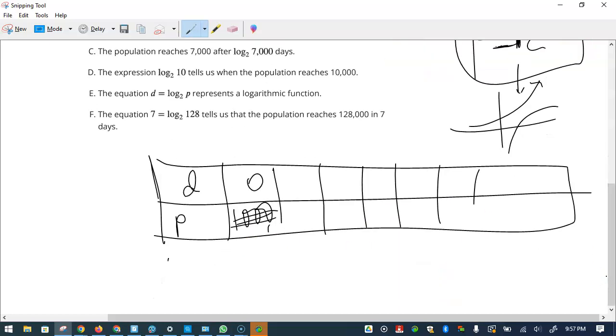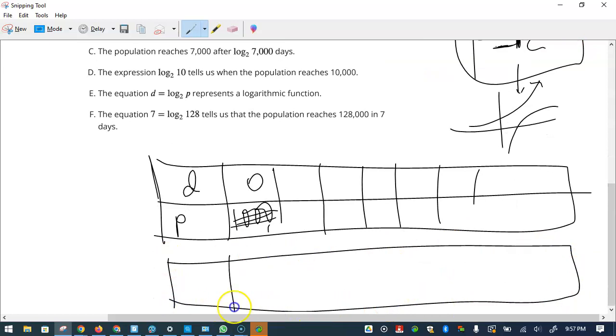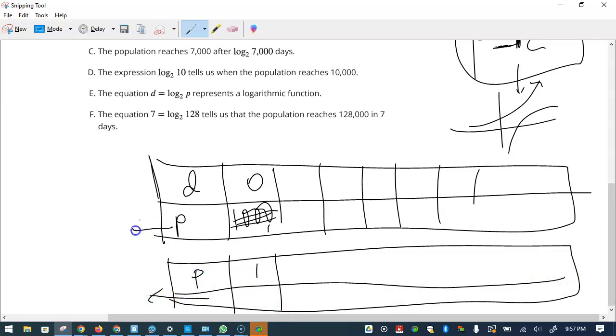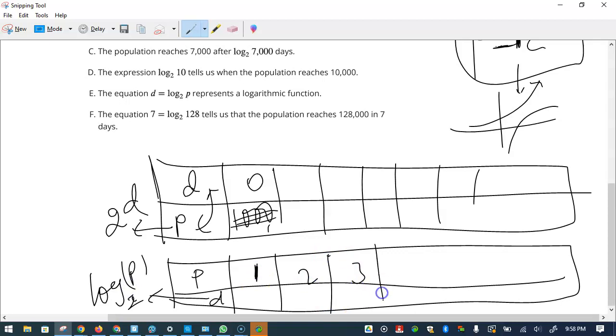But the other one is going backwards. It means if this is P, and what is this D? This P is 2 raised to D, and this D here, because you are swapping the input and output, is logarithm to the base 2 of P. So if it is 1000, that was the beginning. Then if it is 2000, 3000, and 4000.